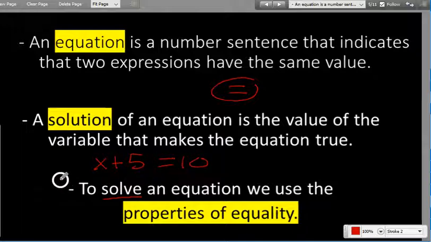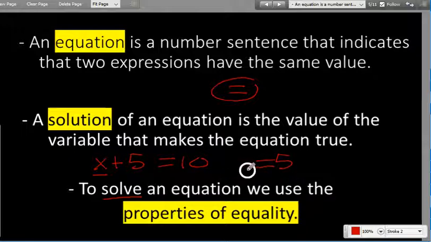Okay, this is an equation. The variable for this equation is x. We can see there's an equal sign, right? The solution of this equation would be x equals 5.